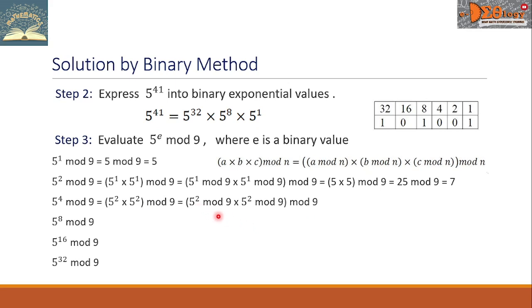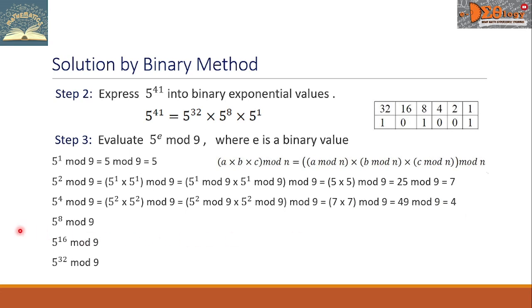This 5 square mod 9 has the value in our previous step, which is 7. Let us substitute the number 7 respectively. So we have 7 times 7, then mod 9. The product is 49 mod 9, and we can simplify this into 4.